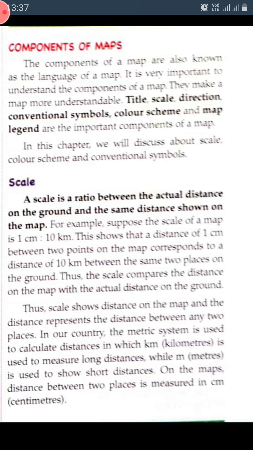So with the help of scale we can measure the distance of a place on a map. So there are various methods by which we can measure the distance with the help of scale. If it is a small scale, then it is measured with a different scale, and if it is a large scale, then we have to use a different scale.